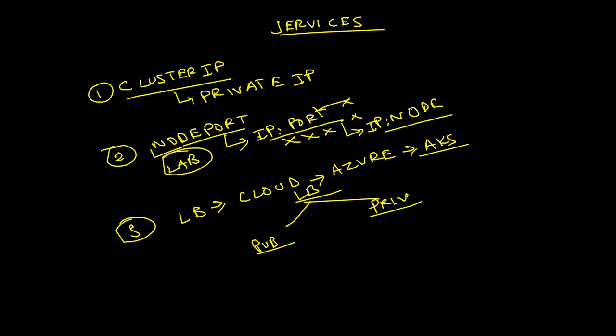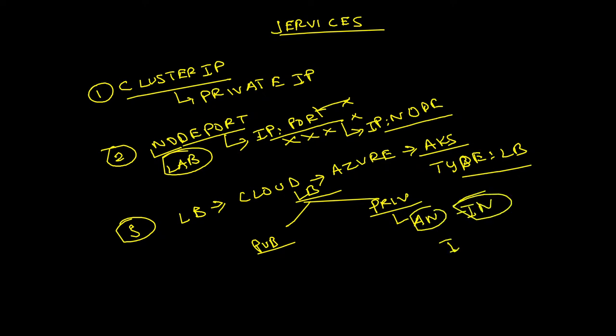In both the cases, the type is LoadBalancer, but in case of private, we have mentioned the annotation of internal, and then the IP which we got was a private IP, and we are able to access our application within the network only. So with this, we have completed our services discussion.